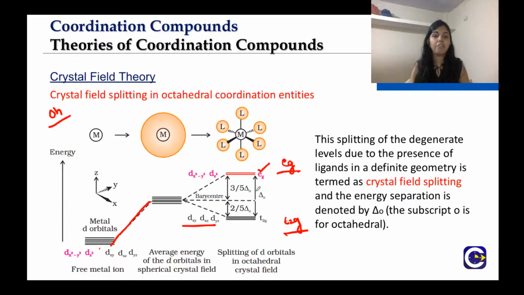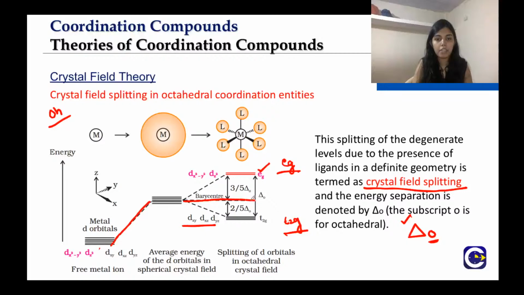The separation between Eg and T2g is known as crystal field splitting, and it is represented by delta O. O stands for octahedral, and delta stands for the energy difference between the two. Right? So crystal field splitting is known as delta O. Now, this is the barycenter.